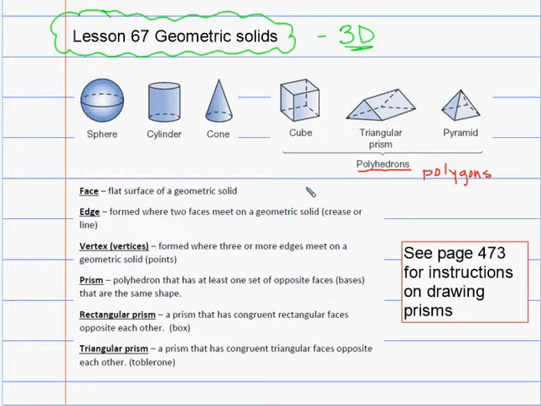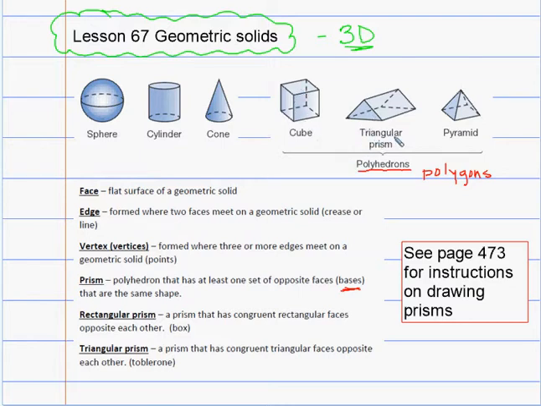Those are vertices. A prism is a polyhedron that has at least one set of opposite faces, which we will call bases, that are the same shape. So a cube has a base of a square, and then opposite it is another base.